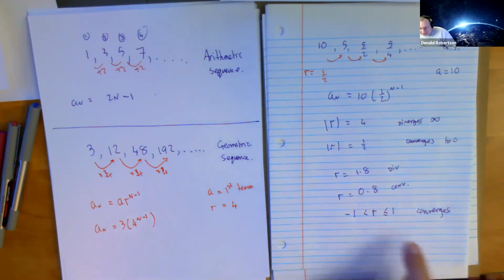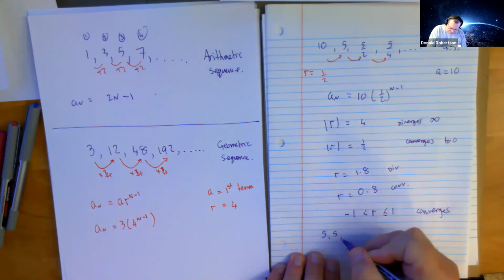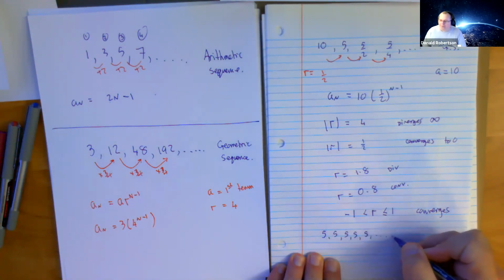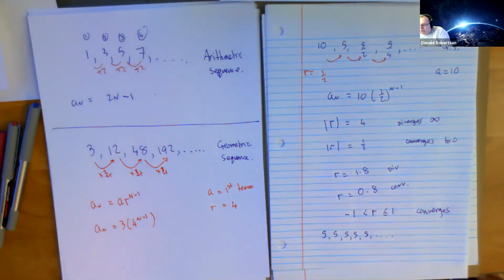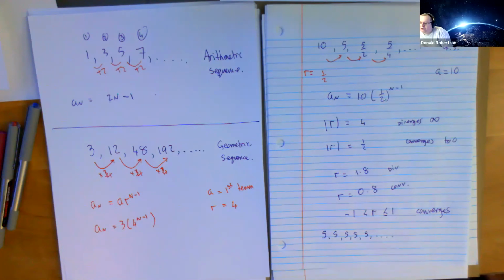Now, on this side, you're allowed to equal 1, which is the weirdest geometric sequence in the world, so I'll show you what it looks like. Pick a random number and multiply it by 1. Pretty close to the most boring sequence in the world. Pretty close. I think the one that might win is 0, 0, 0, but that's about it.